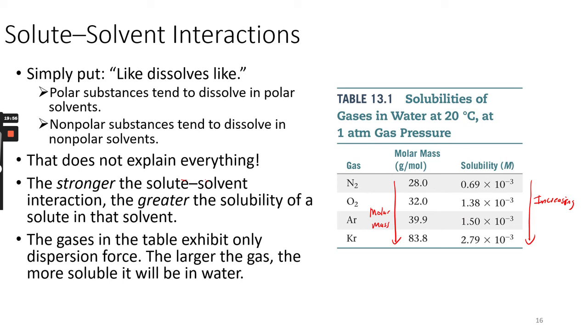So the larger the gas, the more soluble it is in water because the larger your London dispersion forces. Remember when we learned that the larger your molar mass, the more electrons you have, the more polarizable you are, the stronger your London dispersion forces. That is true here, and that also means that you will be able to dissolve more of this gas in water.